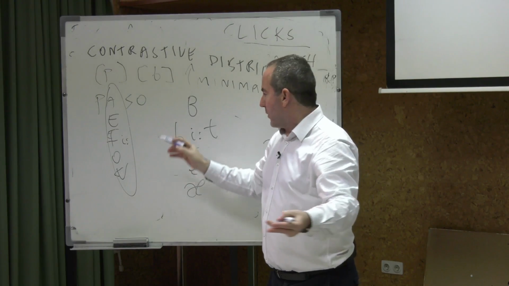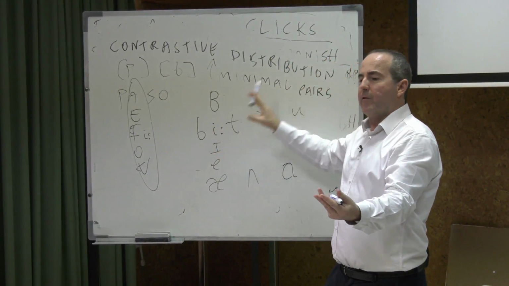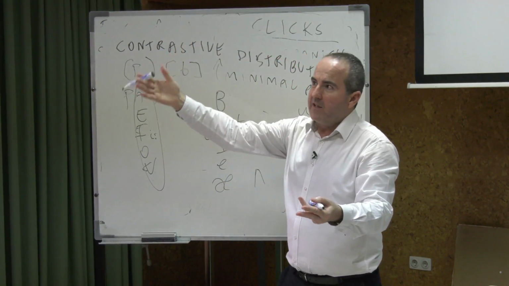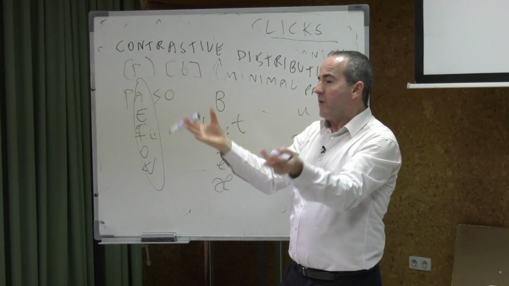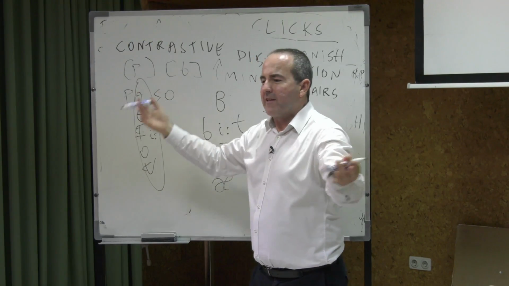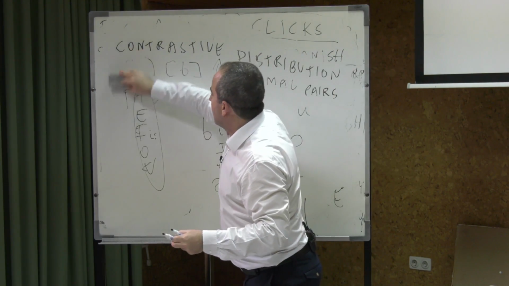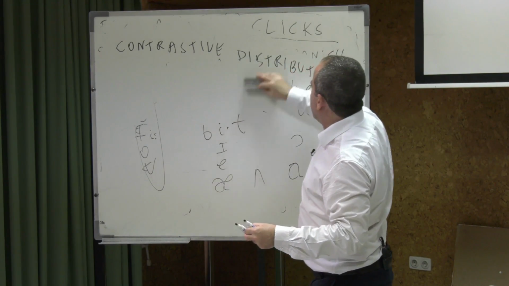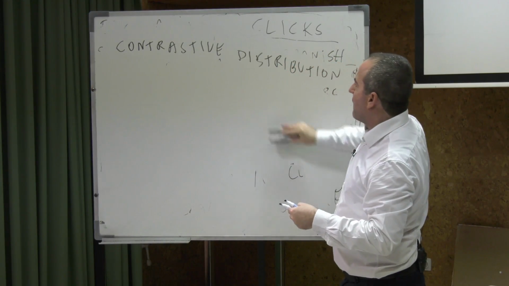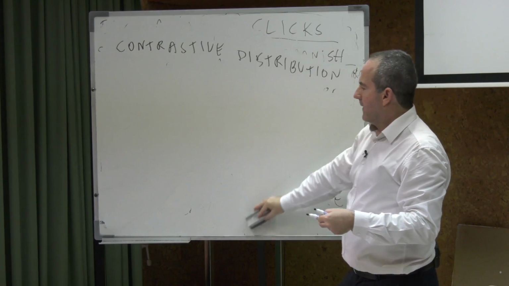And I discover that whereas in Spanish I only have 5 vowels, in English I have 12 or 13. I discover that in Spanish I have 19 or 18 or 17 consonants, depending how we count them, whereas in English I find 22, 23 consonants. Okay, and so I find different phonological systems by doing this distributional analysis and finding this contrastive distribution.